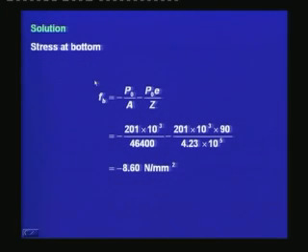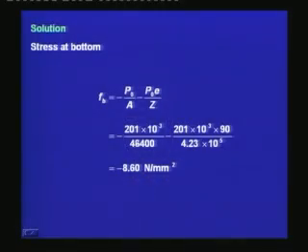The stress in the bottom is also calculated by a similar expression, where the second term is now negative because the moment due to the prestressing force is creating a compression at the bottom, and hence we are placing a negative sign for the second term. Again, when we substitute the values of P0, E, A and Z, we get the value of the stress at the bottom to be 8.6 Newton per millimeter square.